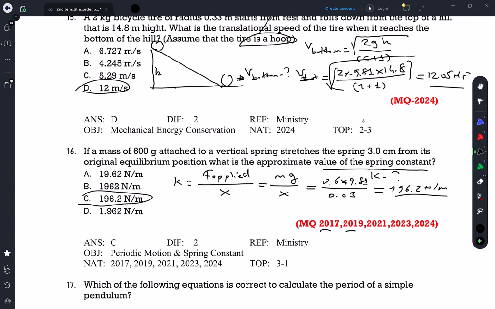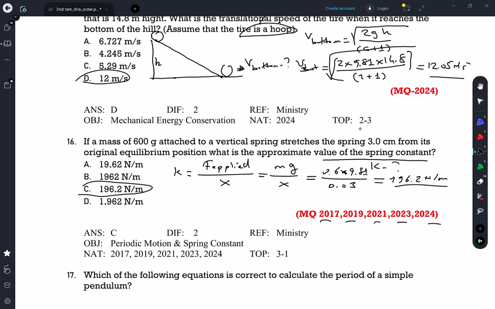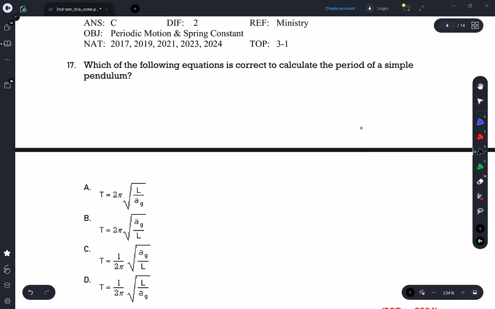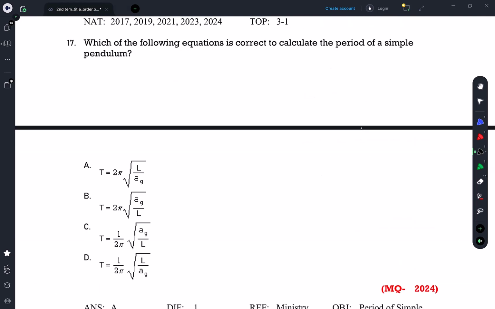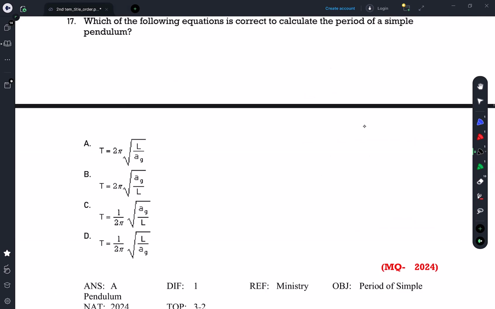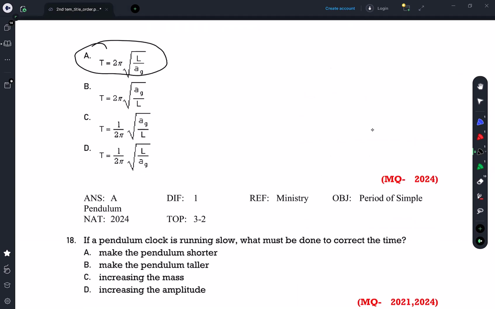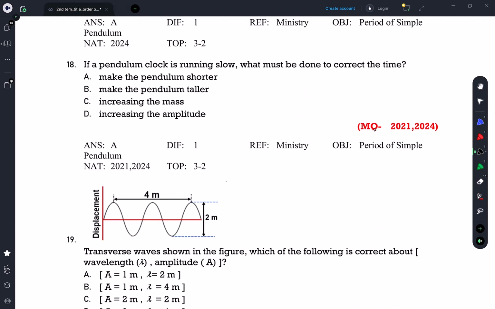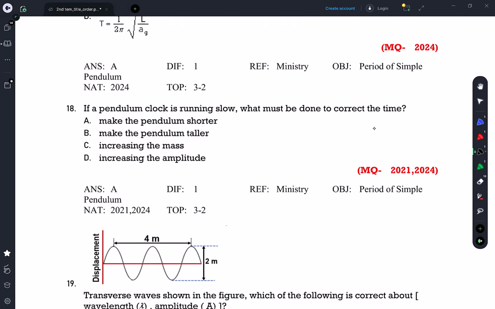And this question has been repeated several times in the past. If the following equation is correct, calculate the period of the simple pendulum. It's very easy: 2 pi root of L over g. Question number 18. If a pendulum clock is running slow, it means the period is long, and we should decrease the period to make it faster.